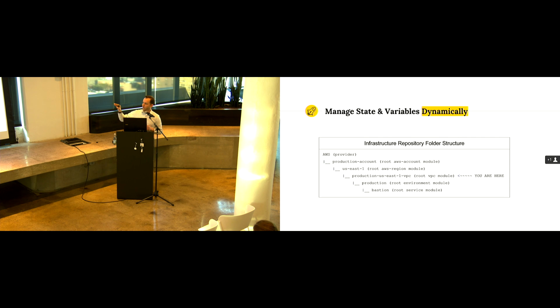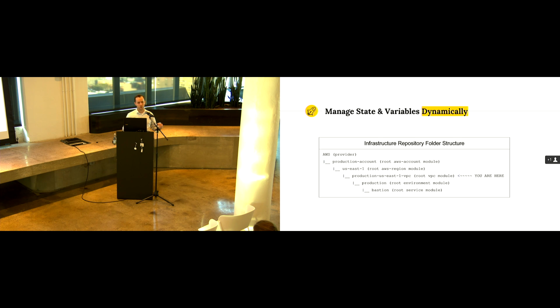We just talked about the resources that we created at the AWS account root module. We can skip over the US East root module because we're not creating anything at this level yet, or tonight. Right now, we're going to focus on working in our production US East 1 VPC.